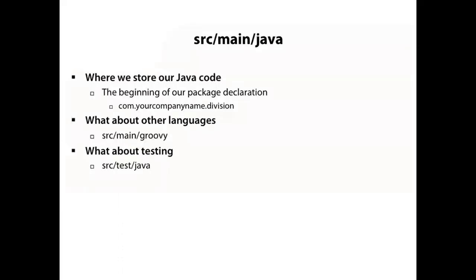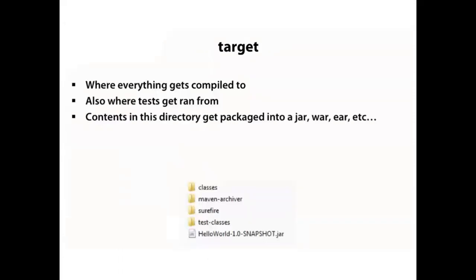Same thing if you look at any other folder. Where do we store our Java code? And what about other languages, we'll see. Target is where everything gets compiled and where tests get run from. Content in the directory gets packaged into war, jar, etc.